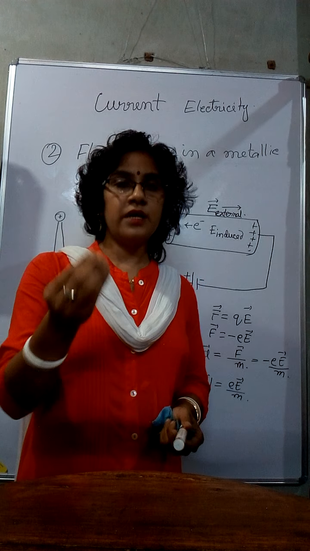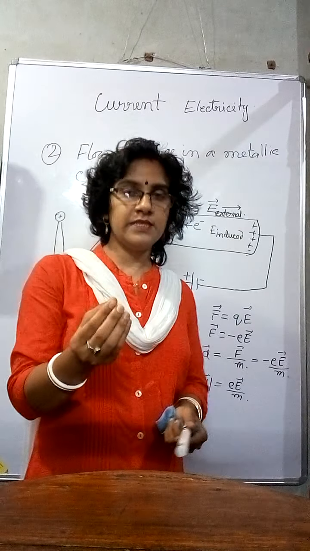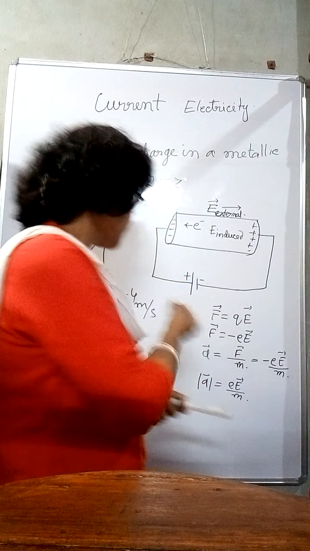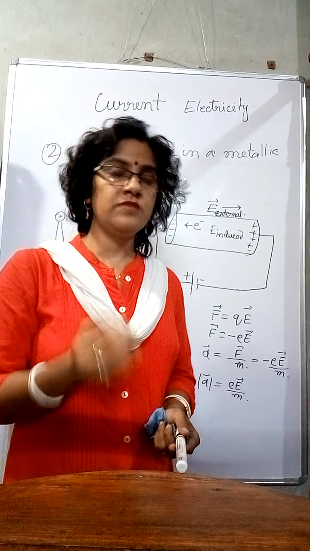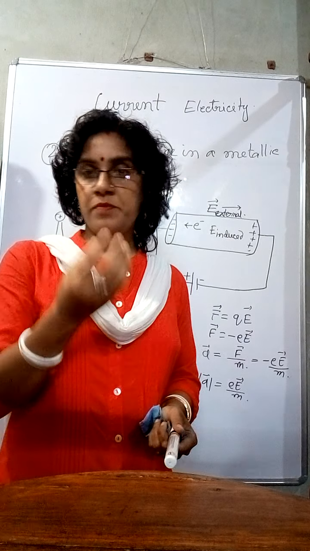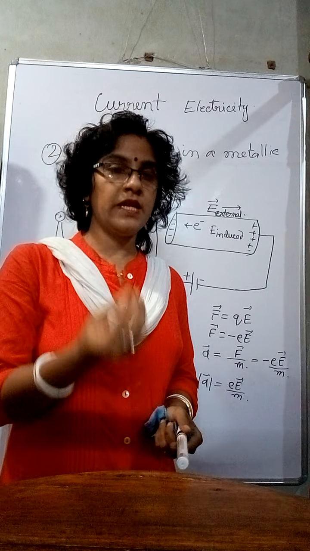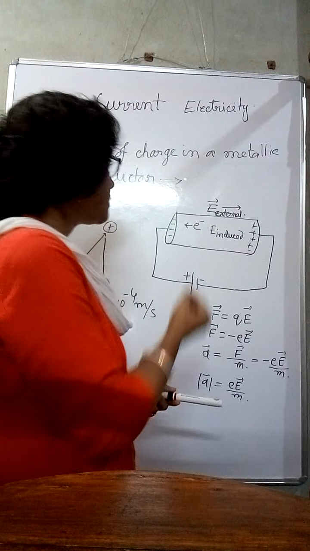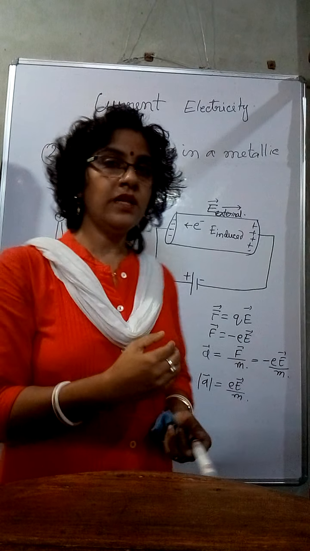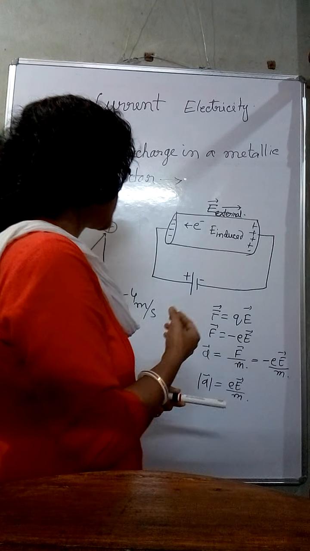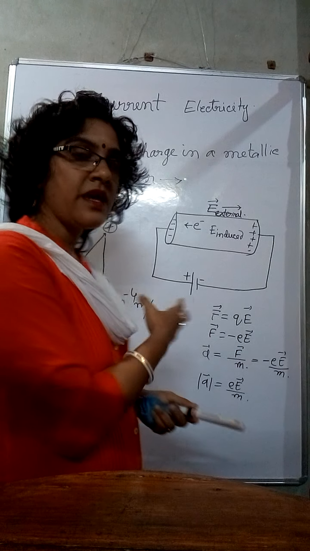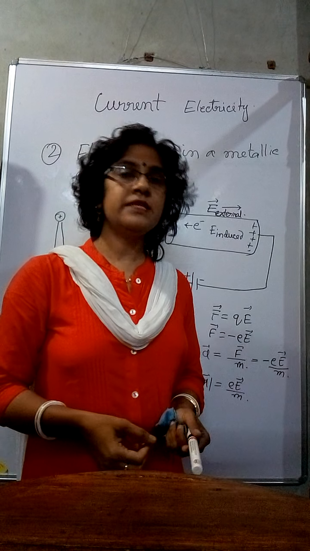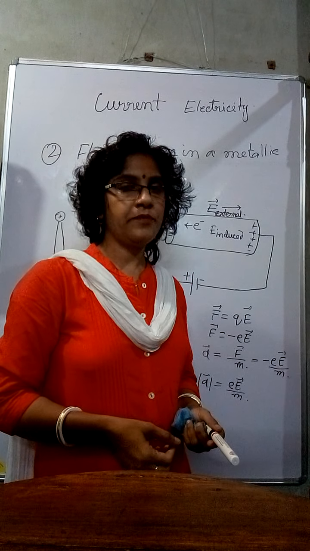So here one quantity, drift velocity, has come. So what is drift velocity? Drift velocity is that minimum velocity by which an electron is drifted opposite to the electric field due to the collisions with the ions and the electrons. That is the drift velocity.